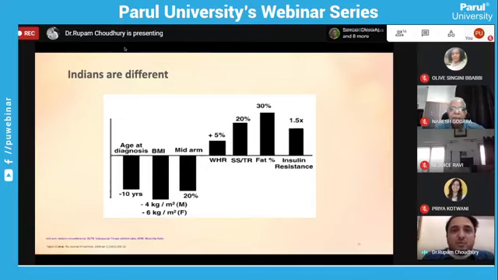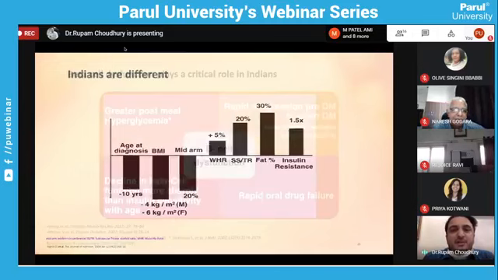So we are known as the thin-fat Indian phenotype. We look thin, but we are very fat from inside. That's why insulin resistance and early diagnosis of diabetes are there in the Indian population as compared to the Westerners.